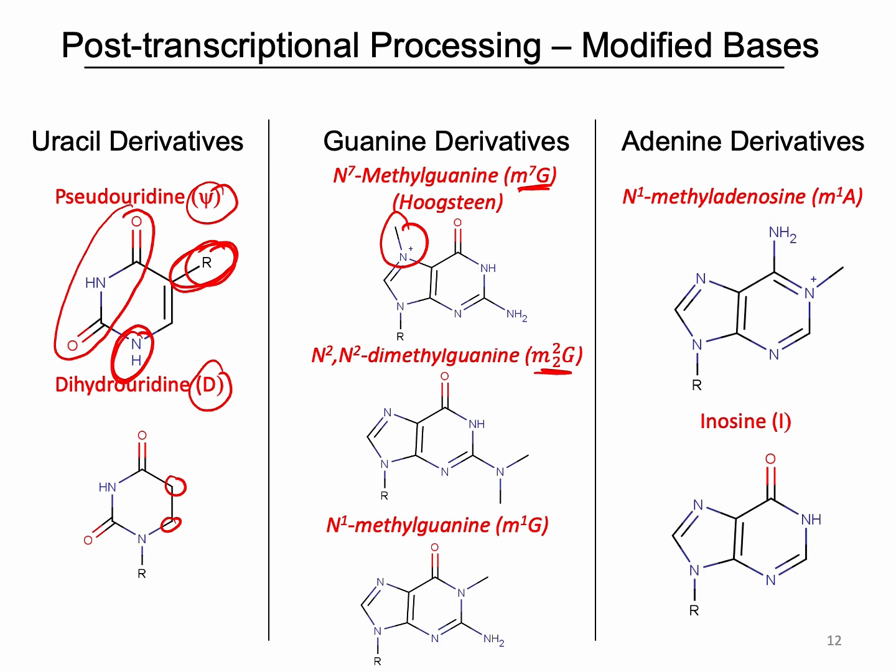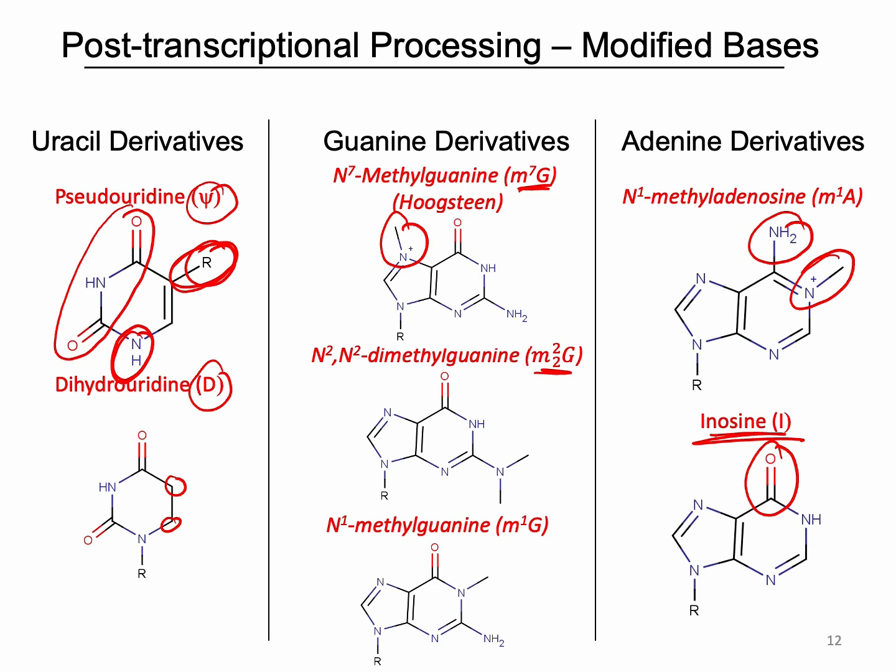M22G has two methyl groups on this nitrogen of guanine on the Watson and Crick face. M1G has a methyl group here, again on the Watson and Crick face. And the adenosine derivatives, we can have a methyl group at this position, or we have inosine, which we've already talked about, where we convert this amino group to a carbonyl.